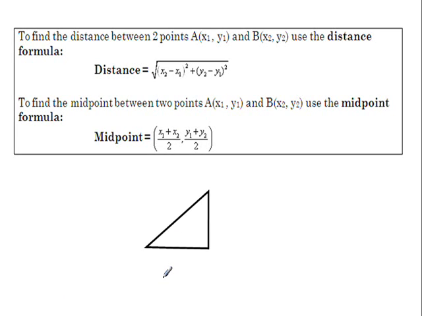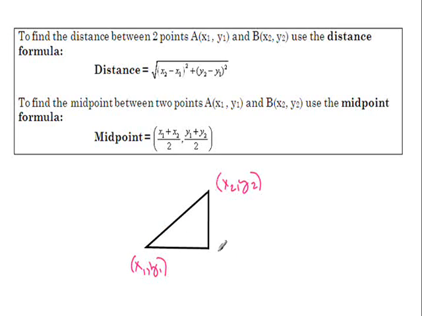So quick fact about the distance formula. If I have a right triangle on a coordinate plane, and this guy is located at (x1, y1), and this guy up here is located at (x2, y2), and I want to find the distance between them.